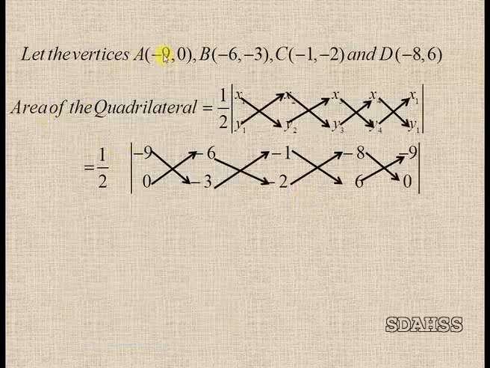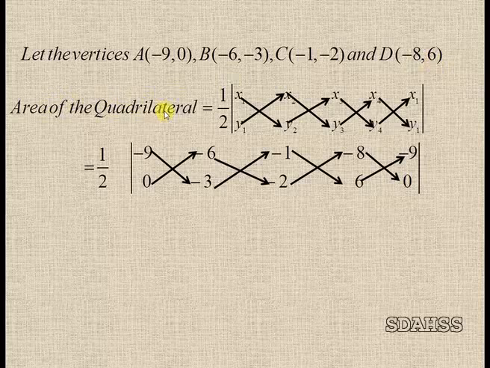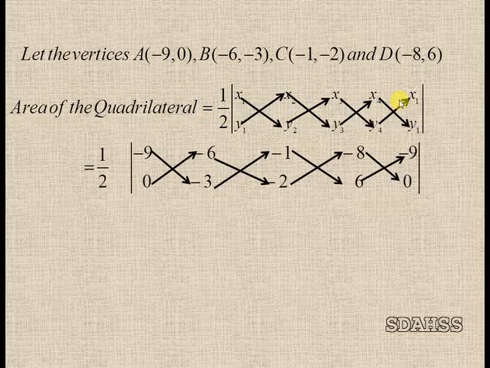Then first point as x1 y1, second one as x2 y2, third one as x3 y3 and fourth one as x4 y4. Write the formula. Area of a quadrilateral is equal to half into x1 y1, x2 y2, x3 y3, x4 y4, x1 y1.